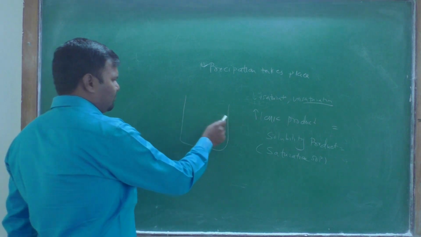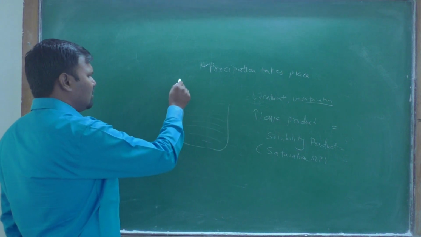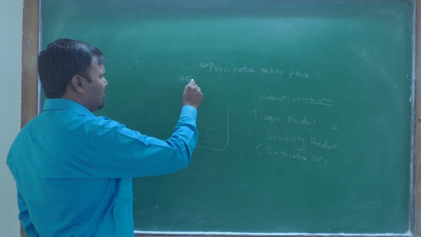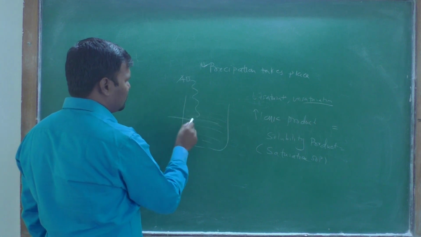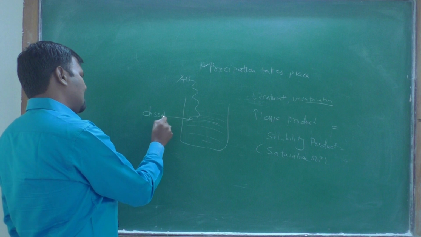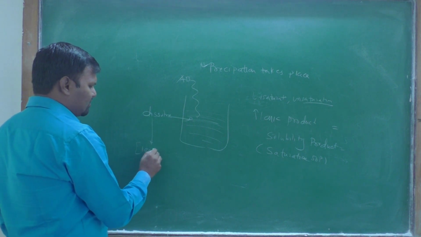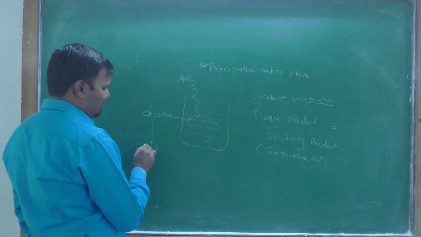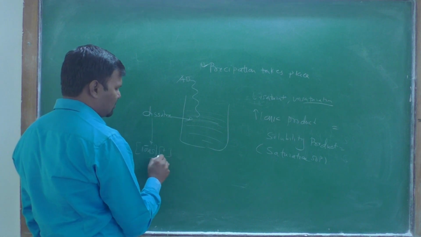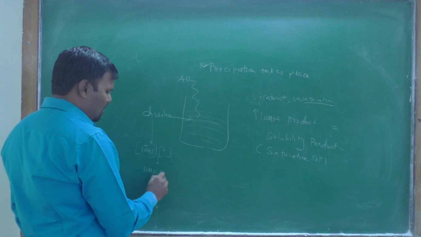Suppose we have an AB salt, you add the salt and it gets dissolved. At the starting, the concentration of its plus ions and minus ions is nothing but the ionic product.